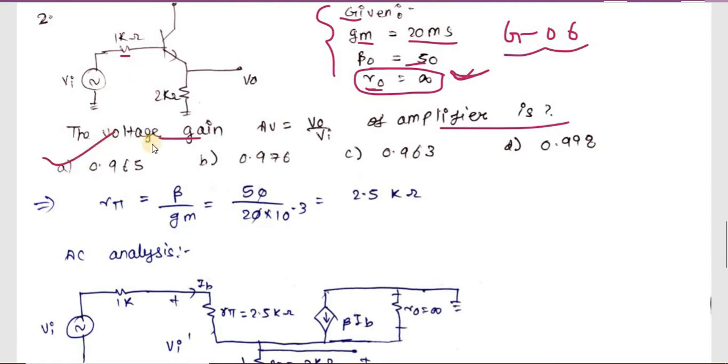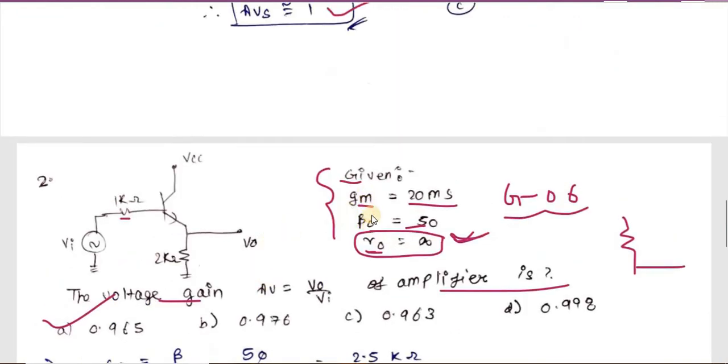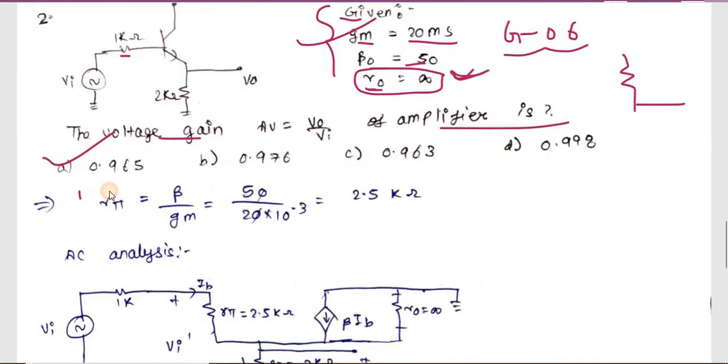The very first thing we have to find out is R pi. As we all know, we have to get R pi for the RE model. We know the relation: R pi is beta by GM, and here we have beta and GM both in the question. So in this question we are not going to use any DC analysis.